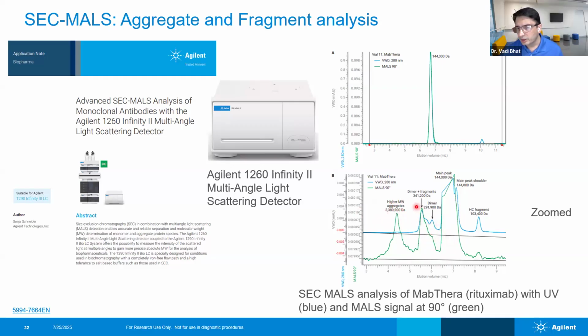Even in the light scattering, you'll still be missing something. It maybe looks like a small hump, but you'll be missing some of these fragments, maybe smaller and not clear, and also dimers, right?